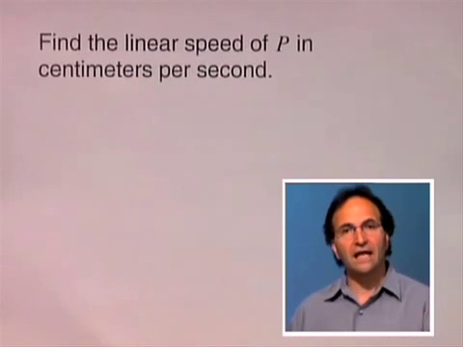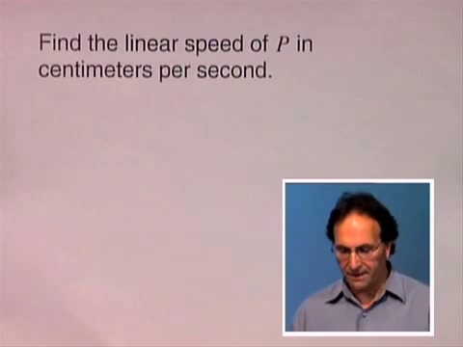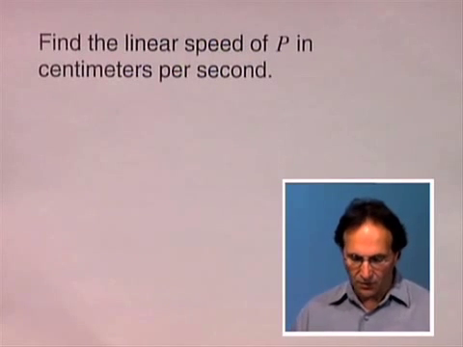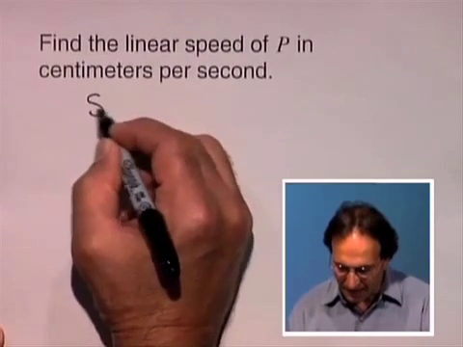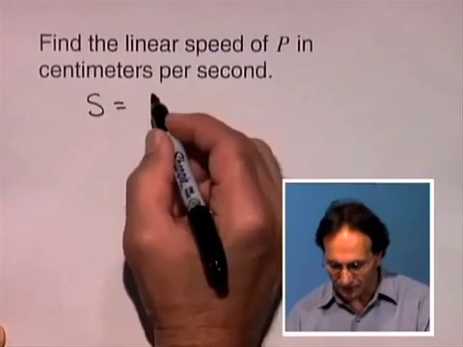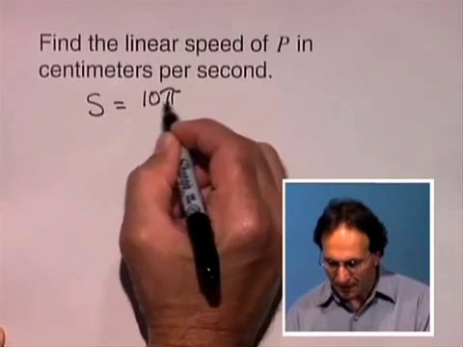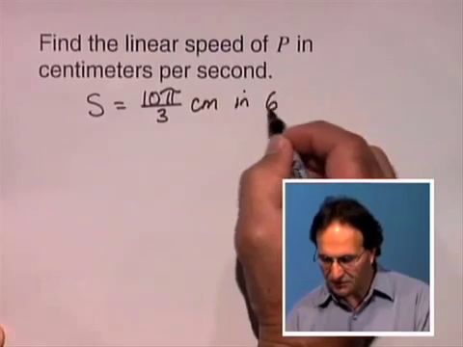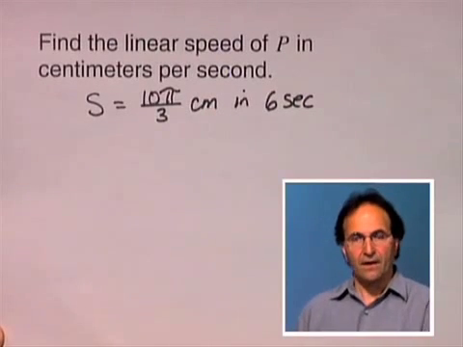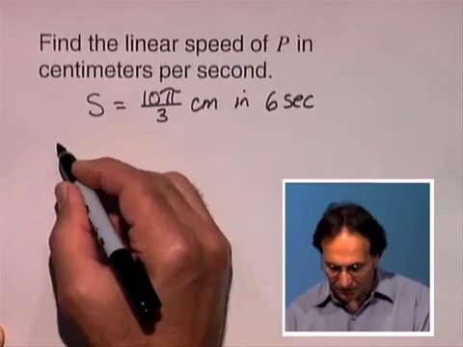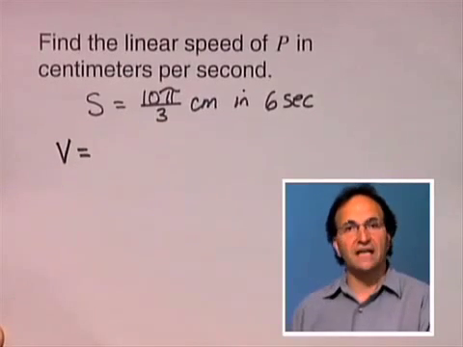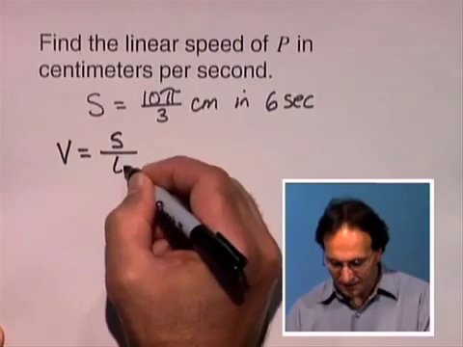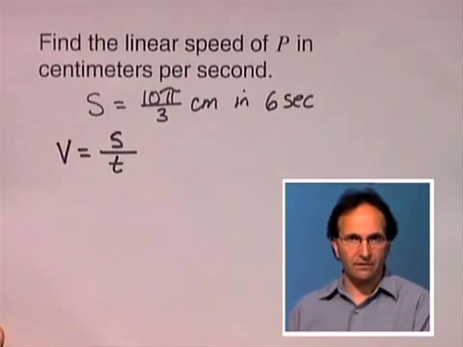Let's work one more part. Let's find the linear speed of the point P in centimeters per second. Now, to do this, remember that we just found S, the distance it traveled, was 10 pi divided by 3 centimeters in 6 seconds. What we're interested in is the linear speed, which is equal to S, the distance it traveled, in the amount of time that it traveled.